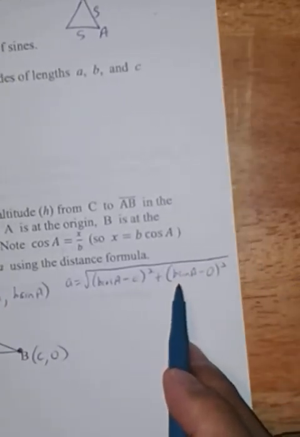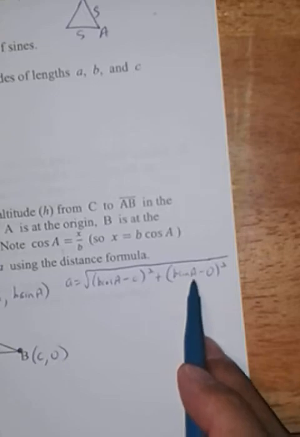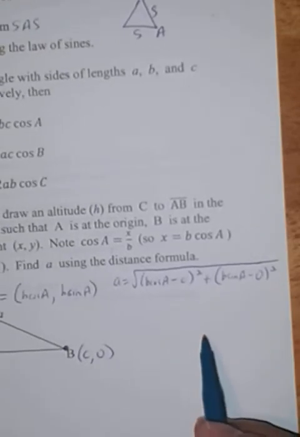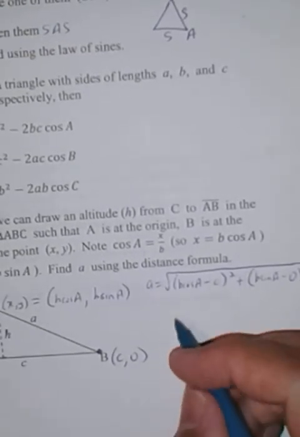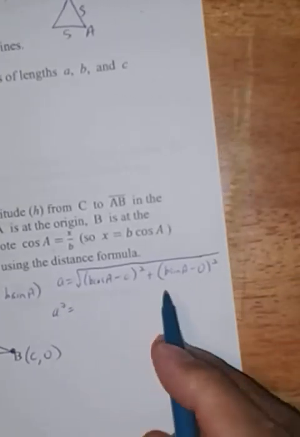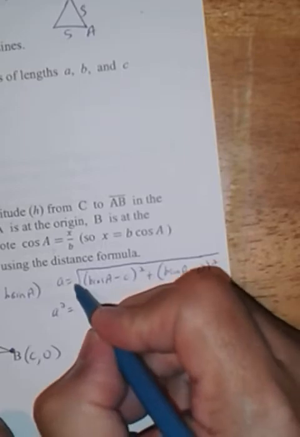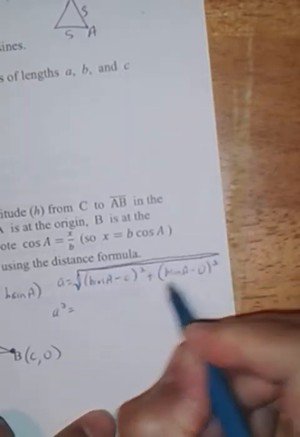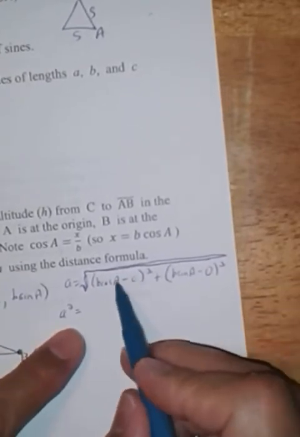Notice that's just b sine A squared. I'm going to square both sides, so a squared equals, and then I'm going to square each of these. The radical goes away by squaring both sides, but then you still have to square these.